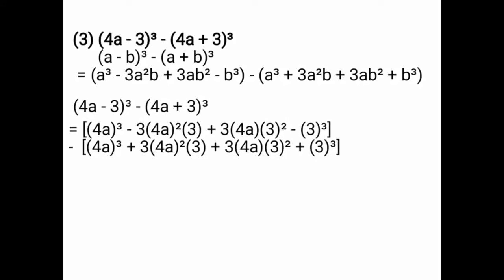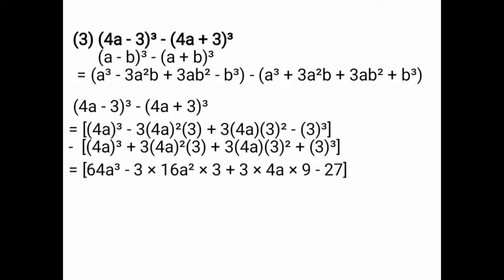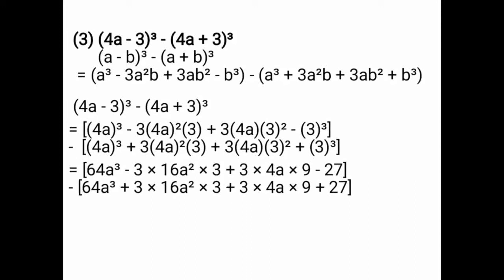That is equal to 64a cube minus 3 into 16a square into 3 plus 3 into 4a into 9 minus 27, minus, 64a cube plus 3 into 16a square into 3 plus 3 into 4a into 9 plus 27.